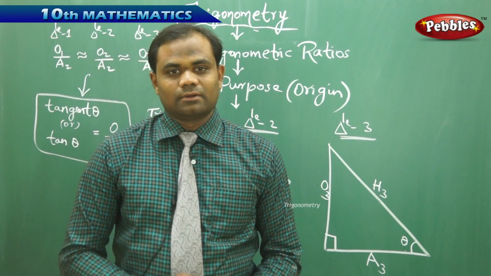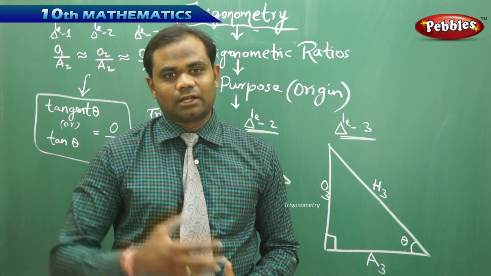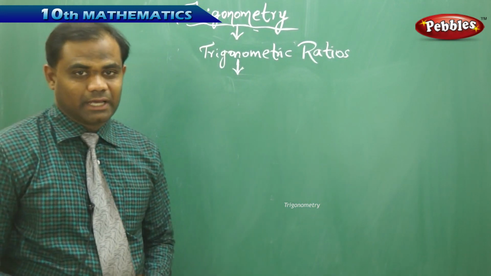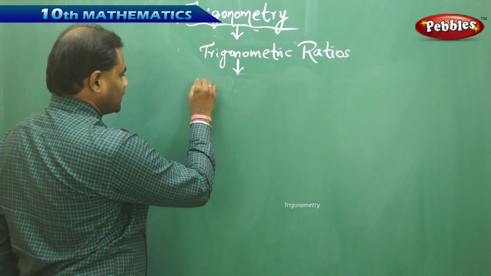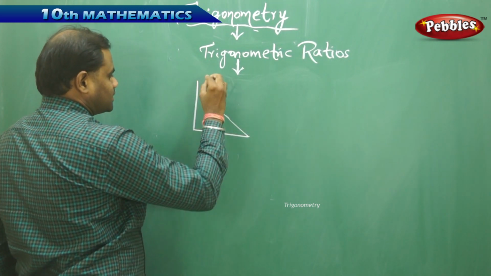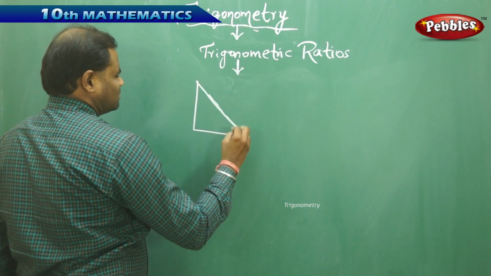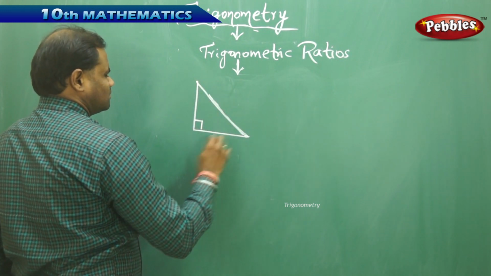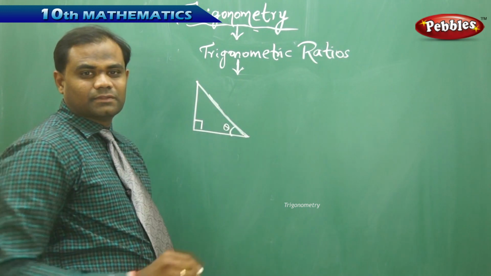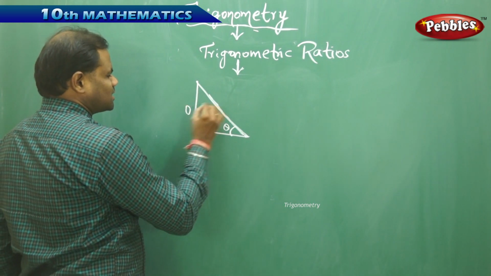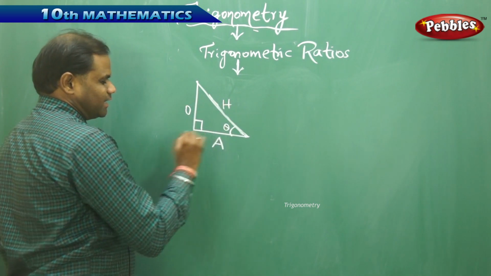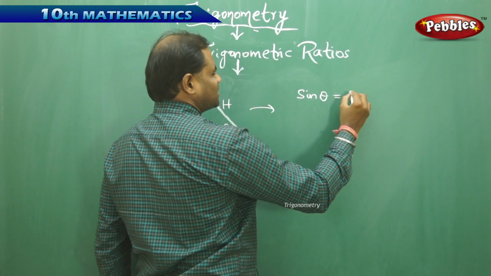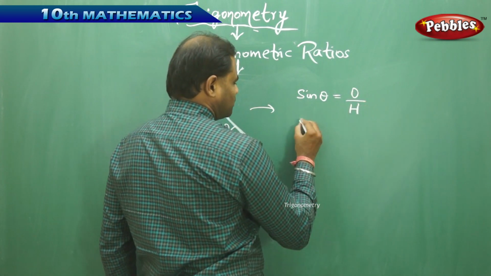So let's recap how the trigonometric ratios are framed into formulae. The three trigonometric ratios which we have identified for a right angle triangle are as follows. For this right angle triangle, if this is theta, then this is the opposite side, the hypotenuse, and the adjacent side. Then the first trigonometric ratio, which we call sine theta, is opposite by hypotenuse.